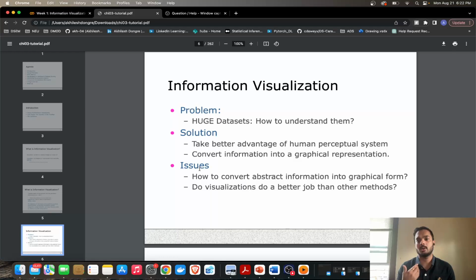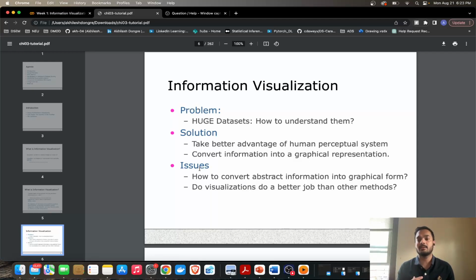For example, if we are talking about how much time we spend on a social media site, there has to be a certain pattern, and if we want to use that or basically tackle those kinds of problems to understand huge data sets, we can convert the information into a graphical representation and then use our intelligence to understand or utilize these insights so that we can create a better solution, so that we can make Instagram or LinkedIn more engaging to the audience and make people scroll more, or see what kind of post works, right?